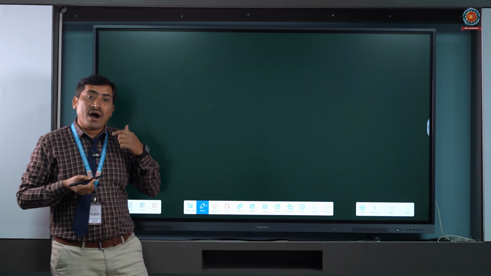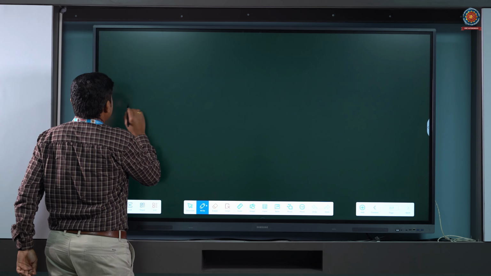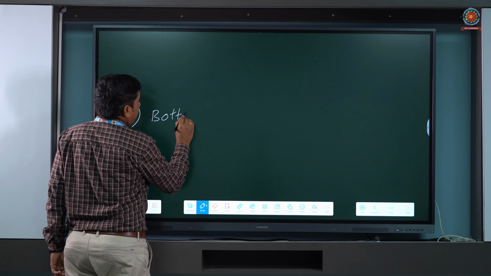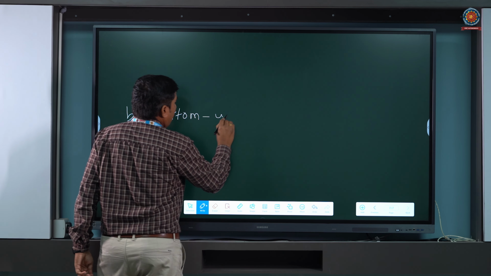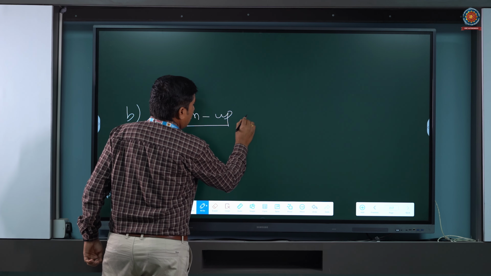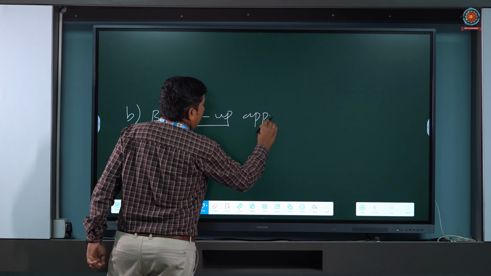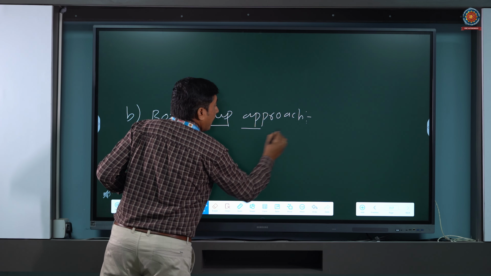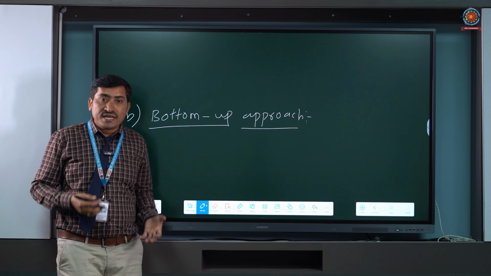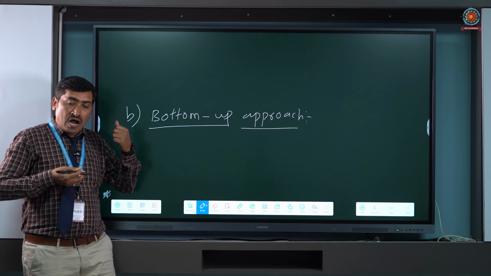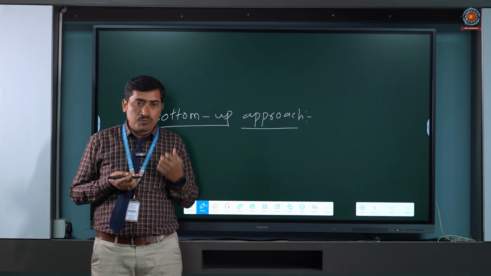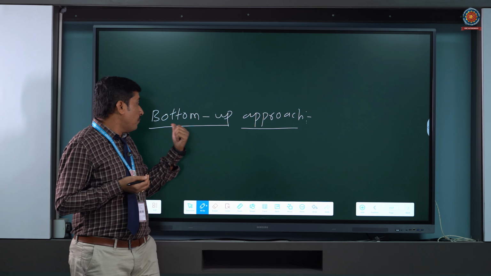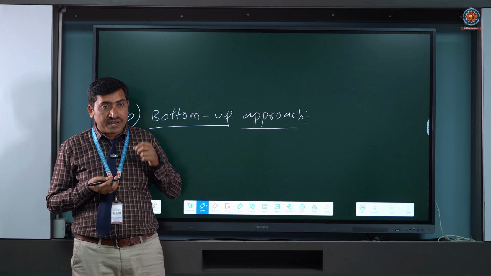Next is the bottom-up approach. The bottom-up approach is also a preparation technique that prepares nanomaterials. The top-down technique is not a chemical route technique, but the bottom-up techniques are chemical route techniques.